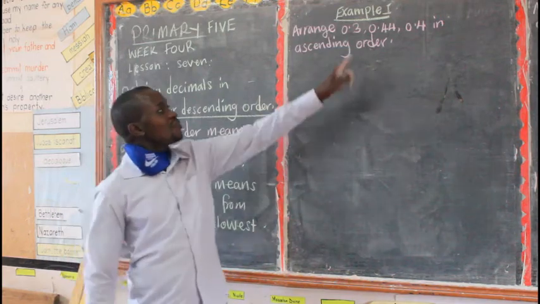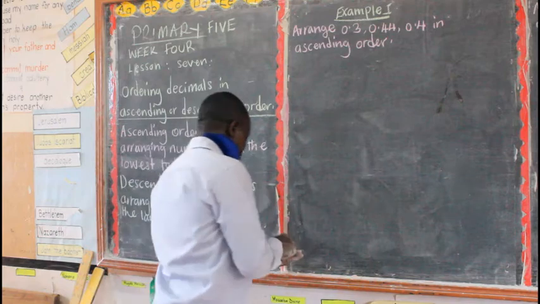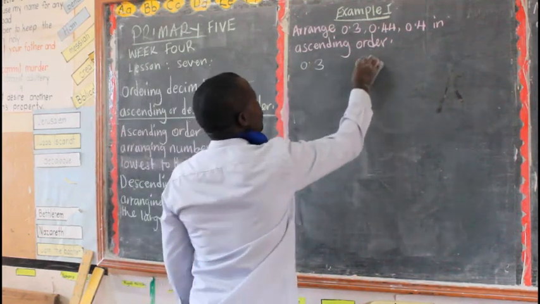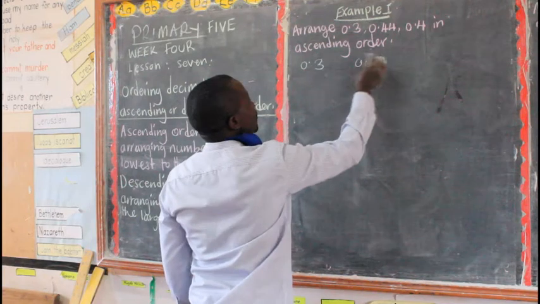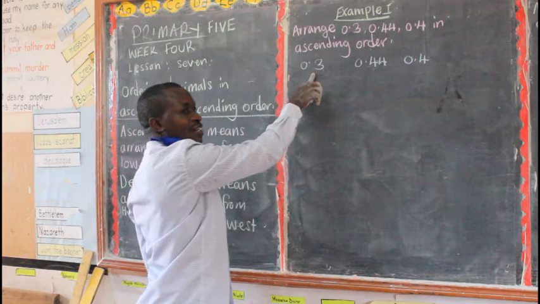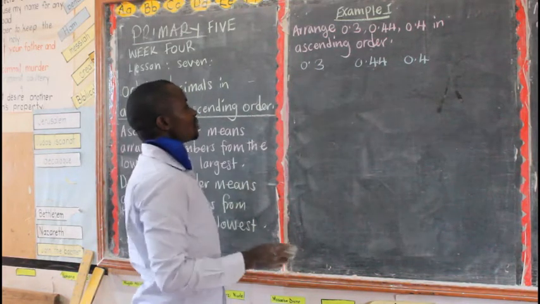Therefore, we are going first of all to write these decimals as common fractions. So we are going to have 0.3, 0.44, 0.4. You write each one as a common fraction. So how to write as a common fraction?